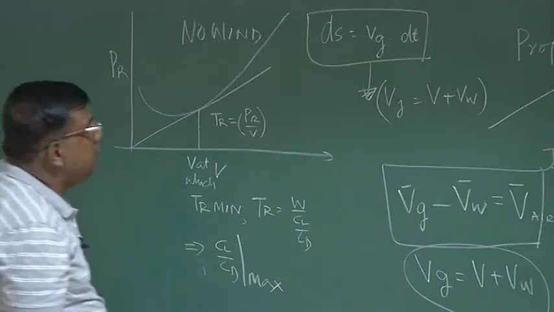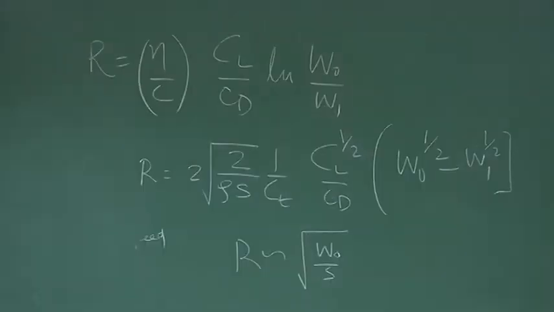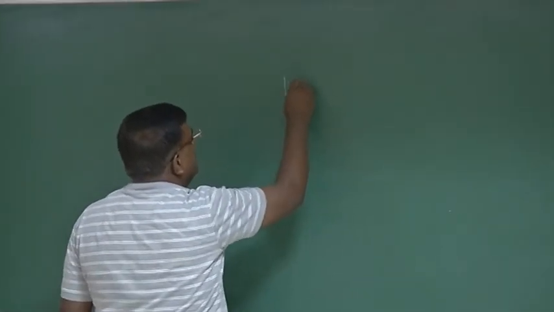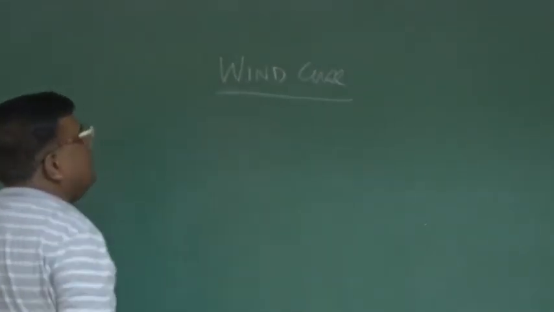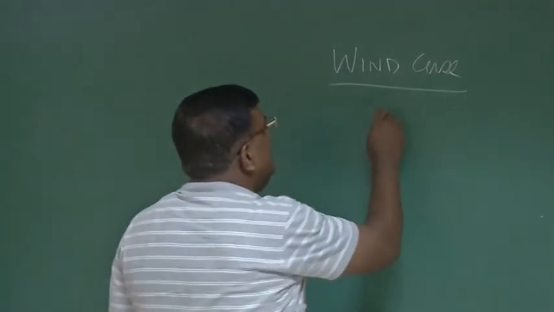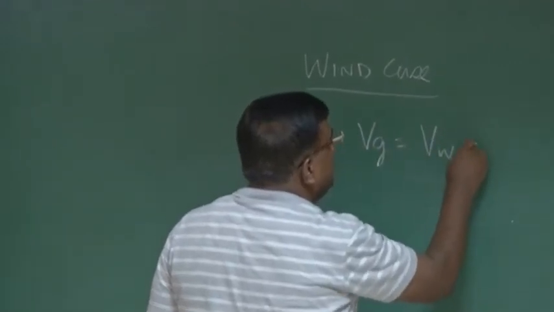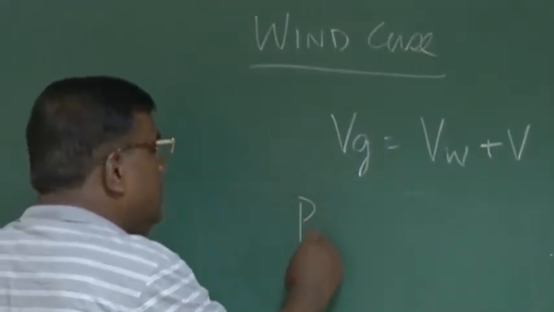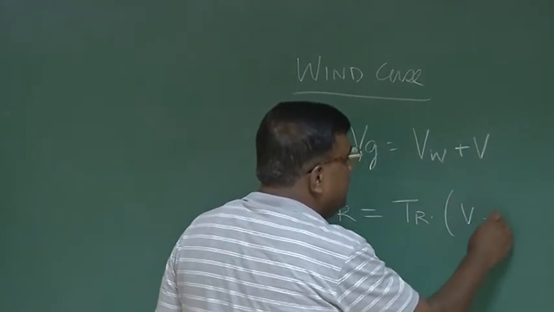But what we are trying to discuss today in our Man Ki Baat session is what happens if there is a wind. So now we are smart, we know for the wind case, that is atmospheric wind case, no more are you assuming the atmosphere is stationary, then Vg is nothing but Vw plus V, where V is the air relative speed, and your power required is thrust required into V plus Vw.